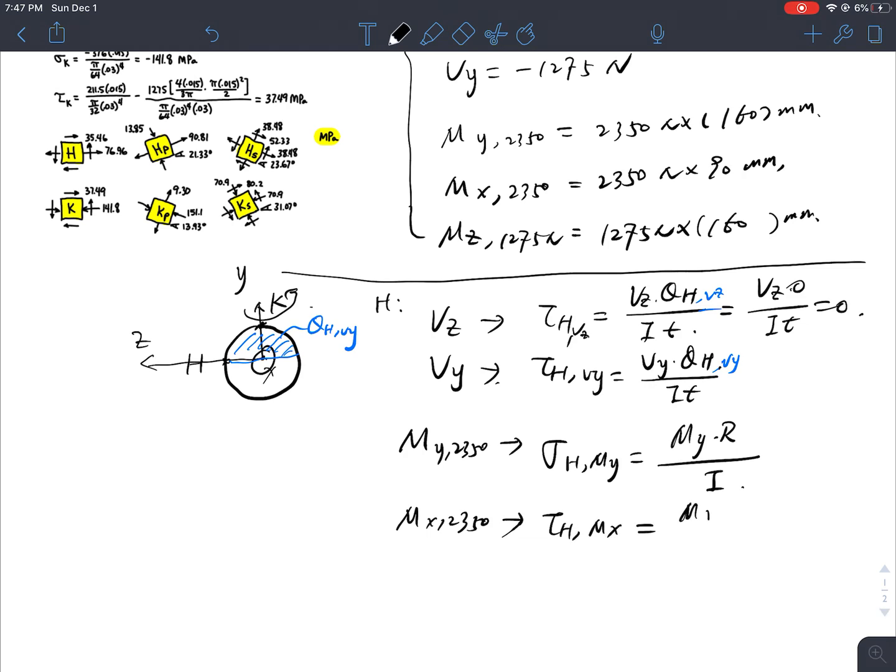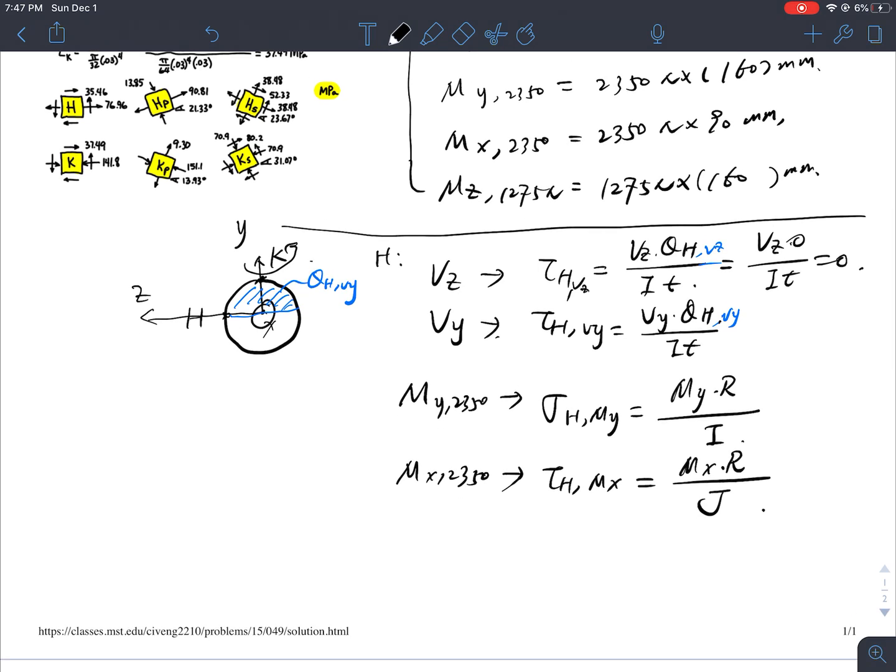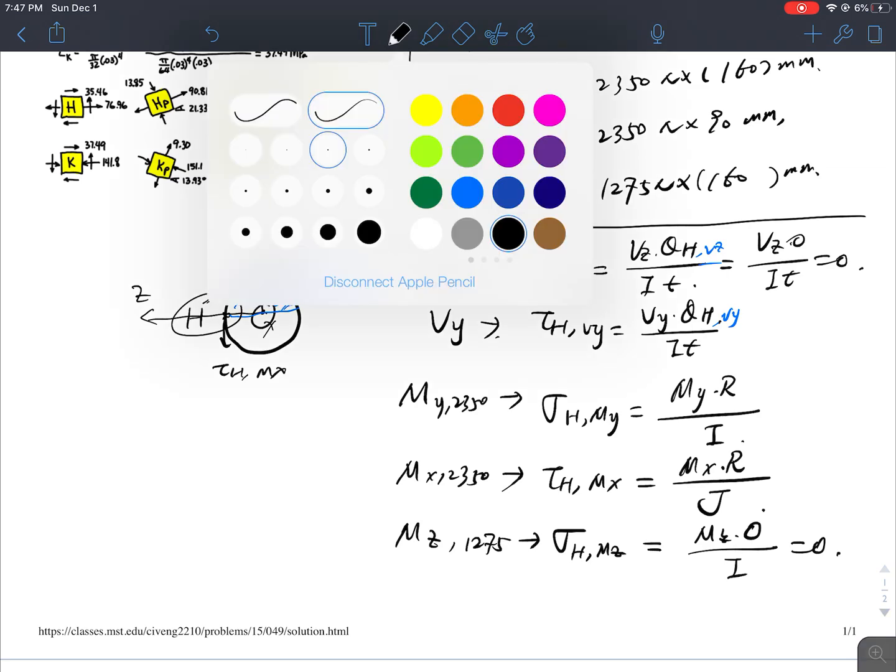So I have a shear stress generated by torsion equal to Mx r over J. Okay, and by the way, this is tau H from Mx. Okay, how about Mz? So Mz gives me a normal stress. But since I'm on the neutral axis here, the distance is 0.